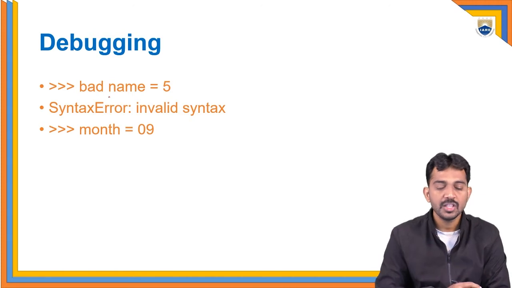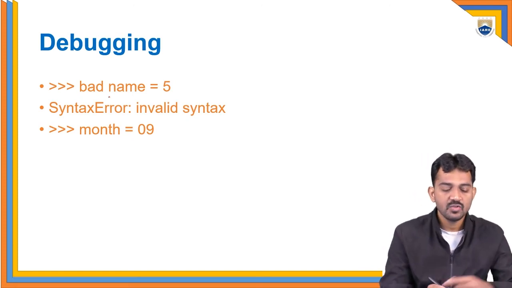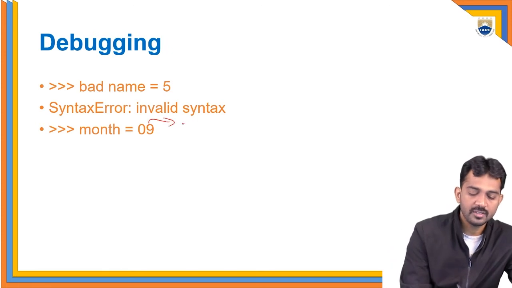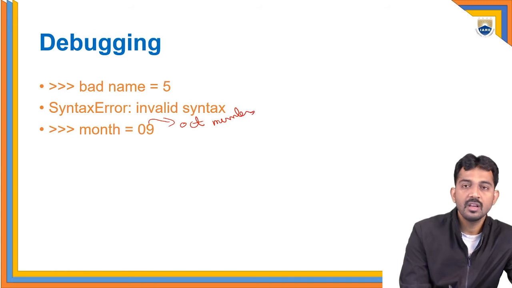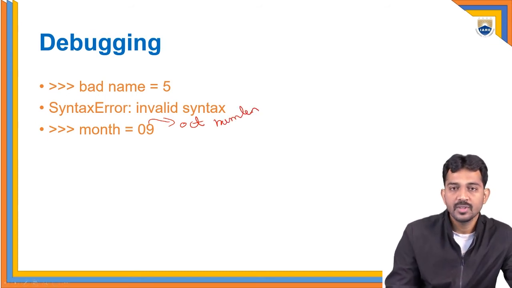Let us see. Month equal to 09. What is the error in this program statement? 09 is not an integer. Generally, in C++, if you mention a 0 at the start, the value is considered an octal number. You know that you have various number systems, like hexadecimal, octal, and so on.